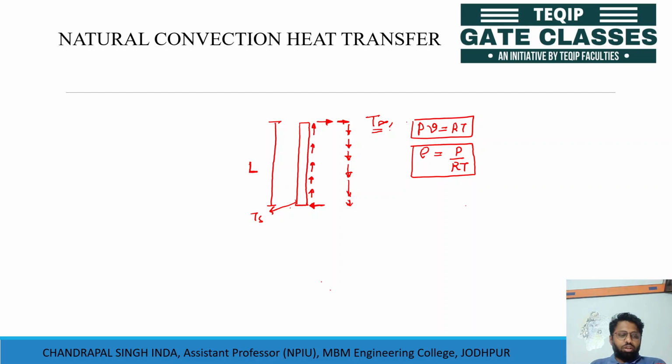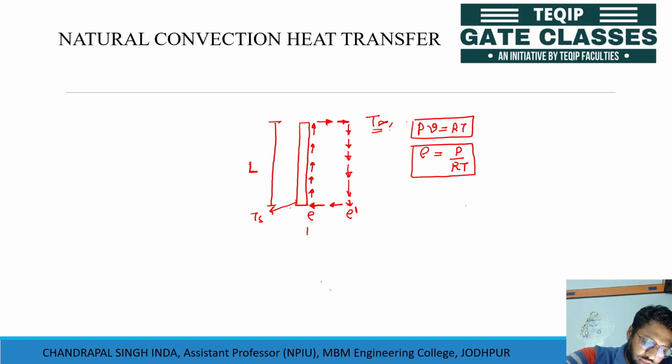To complete the current, I assumed that this same fluid or same molecule of the fluid is continuously flowing around this plate. At this point the density of the fluid is rho, and at that point the density of the fluid is rho dash.